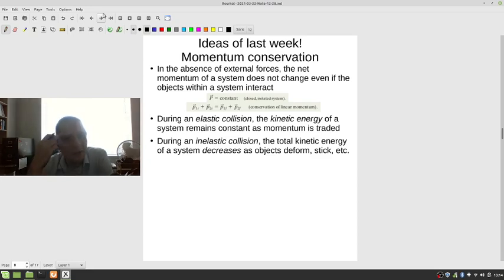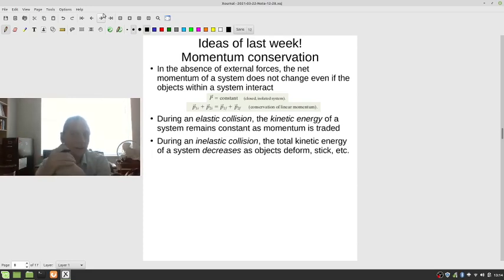Okay, so the more tricky problems that we did last week all had to do with momentum conservation. Some of them had to do with, you know, shooting a bullet into a block, or having two balls knock off each other.